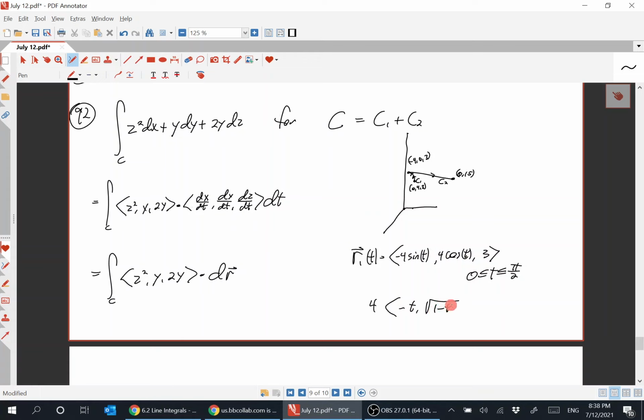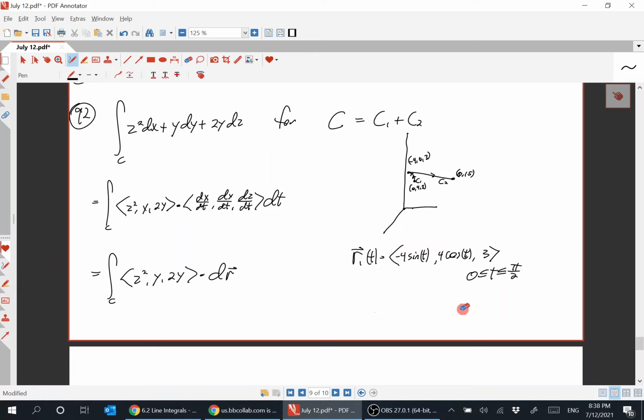So this one would also work, t going from 0 to 1. I guess this needs to be 3/4 in that case. This also gives you the circle of radius 4 at z equal to 3, right? Because x squared plus y squared is going to be equal to 4 in this case. So you could use this parameterization or that parameterization, and either one would work and give you the exact same answer. So that's the first part of the curve.